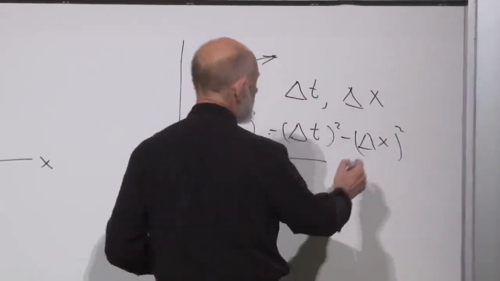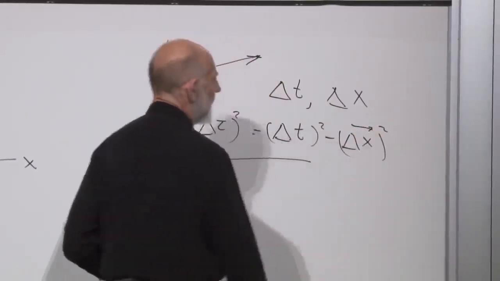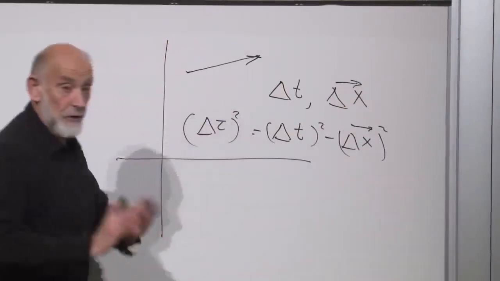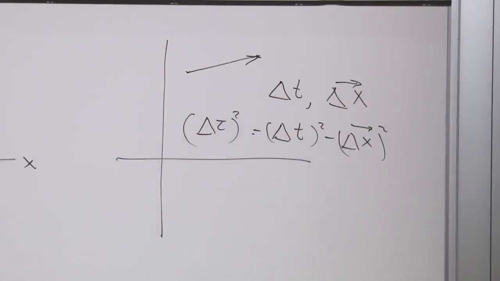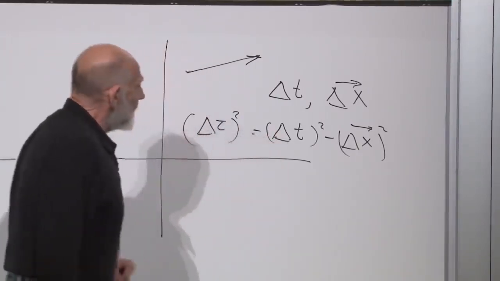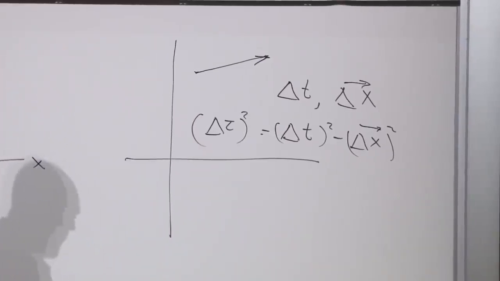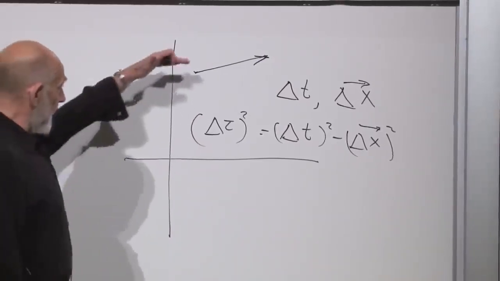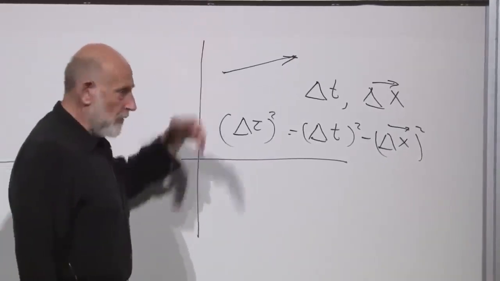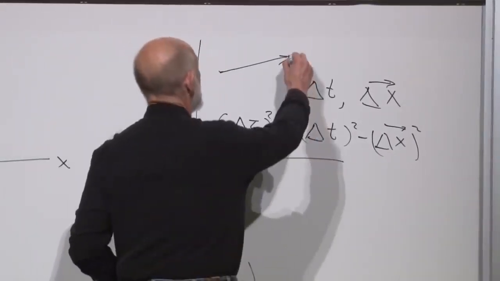If we wanted to be fancy, we would put a little arrow over here to indicate that delta x is a 3-vector. All right, now if the 3-vector delta x is bigger than delta t, then the interval becomes space-like. Space-like intervals are more space than they are time.